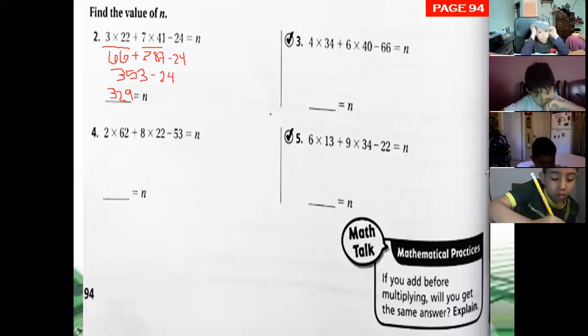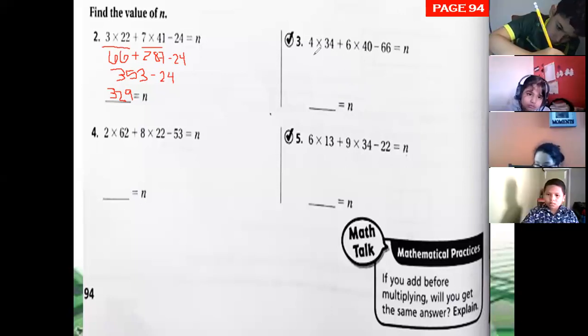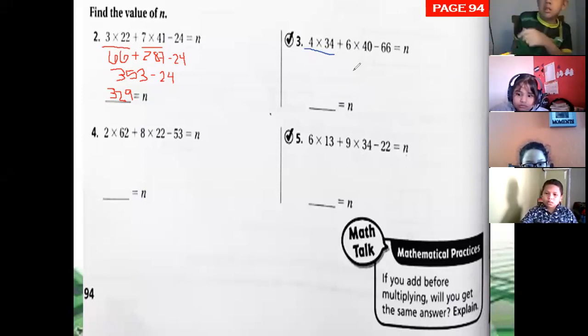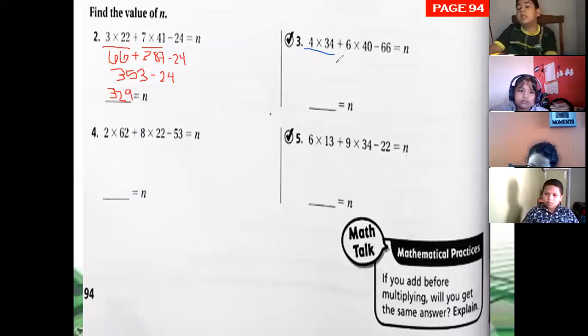There are 4 exercises we have to do. What is the first operation I have to do in exercise 3? 4 times 34. This is the first one. And then? 6 times 40, exactly.